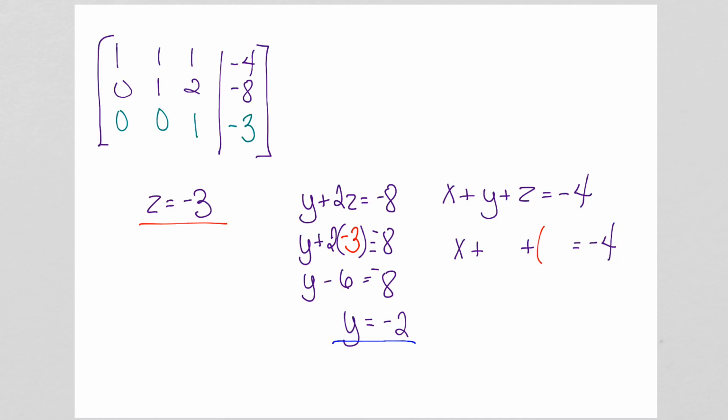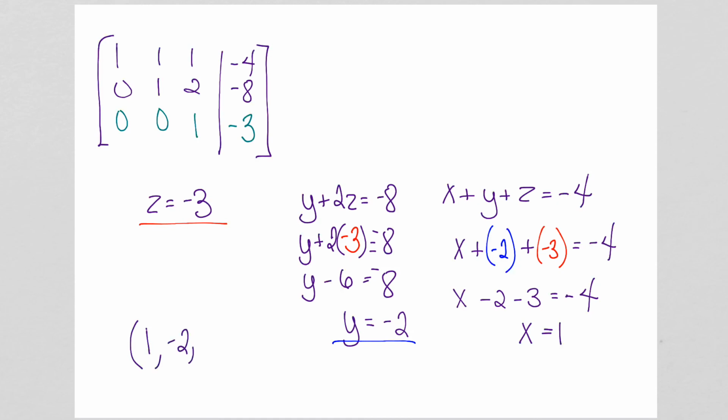So z was -3, y was -2, so x is 1. Therefore, the solution to our system is where x is 1, y is -2, and z is -3. That's our answer.